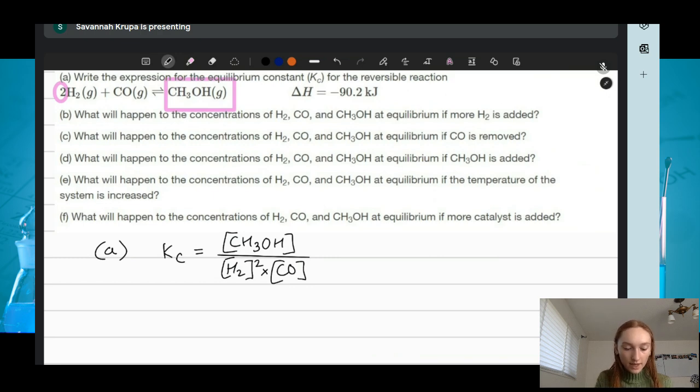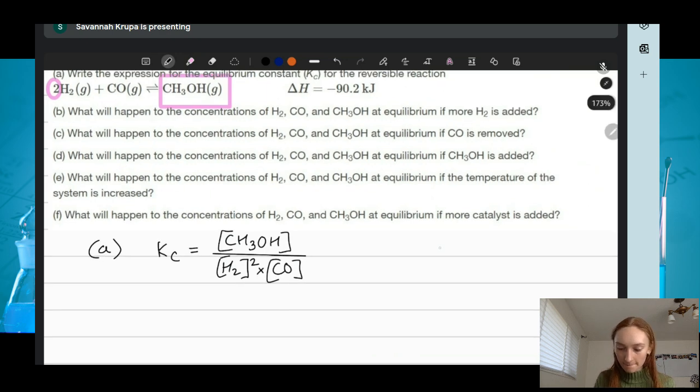What will happen with H2 and CO is if you increase one of the reactants, the other one will want to go down because they want to balance each other. So that's a standard concept for these. So H2 and CO want to be balanced.